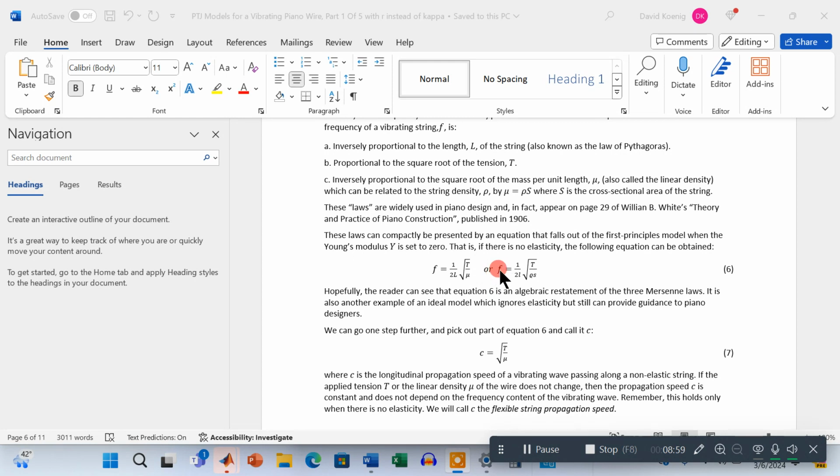It can also be written as frequency f is equal to 1 over 2 times the length, oh, that's a mistake, times the square root of the tension divided by rho S, which is density times the cross-sectional area. This should be a capital L here. I hope I've got that in the final version.